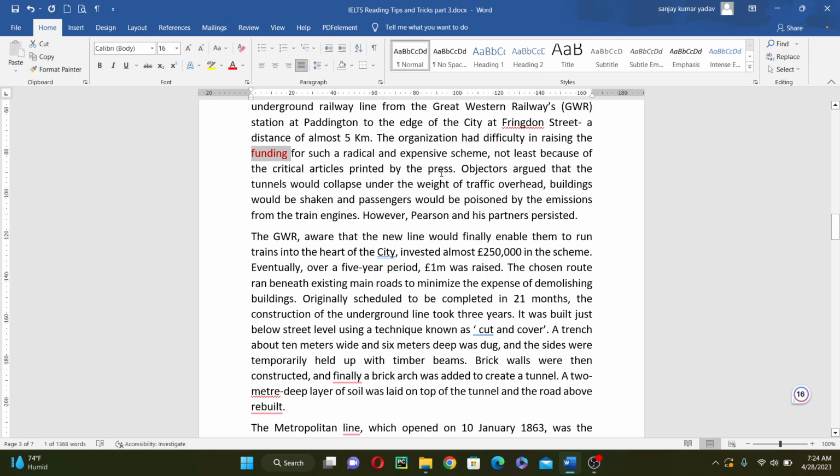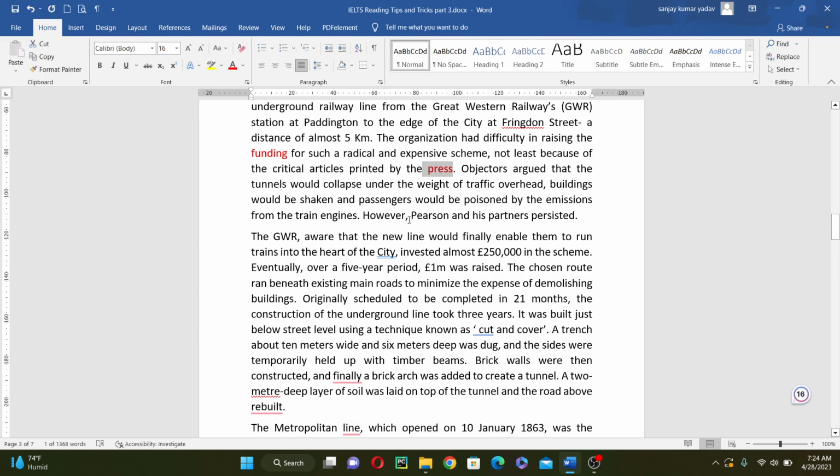The organization had difficulty in raising the funding for such a radical and expensive scheme, not least because of the critical articles printed by the press. Critical articles printed by the press.